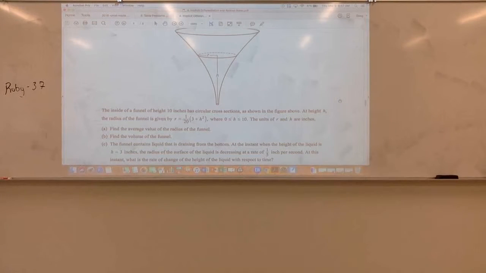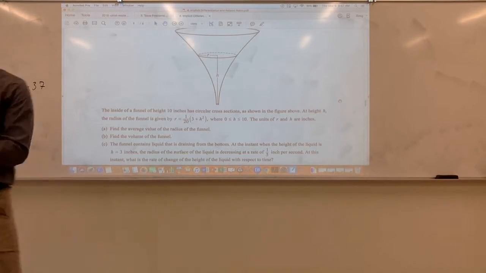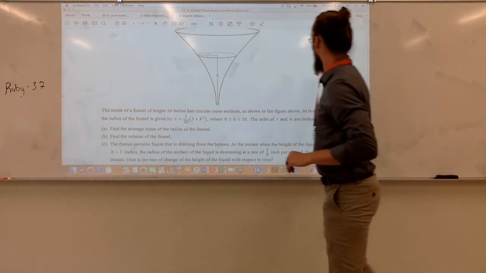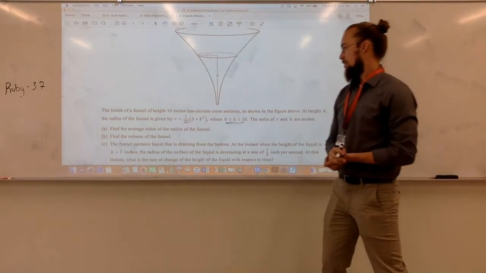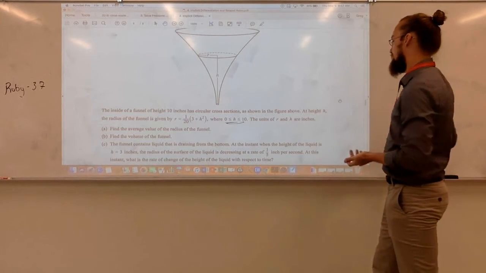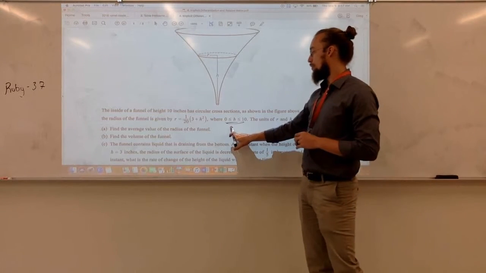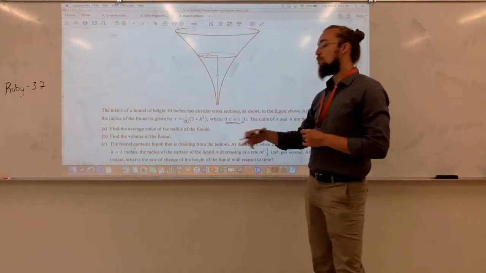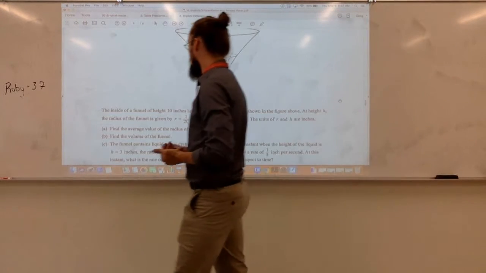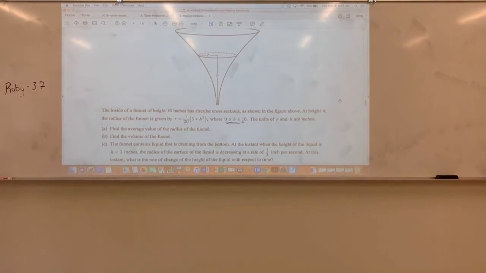How do I find average value? 1 over... Here we go. They tell us our bounds, and our bounds here are in terms of h. So my integral isn't going to be from 0 to 10. How would I find what my integral should actually be?